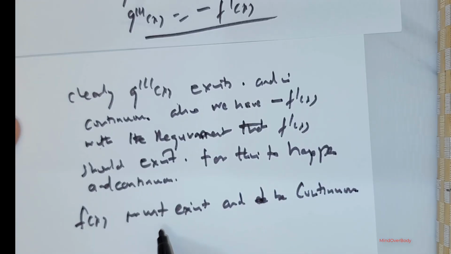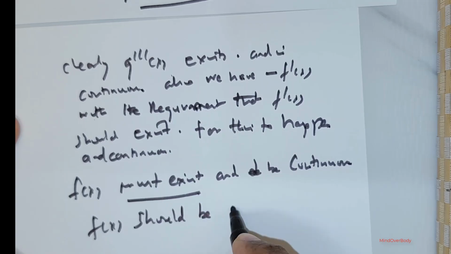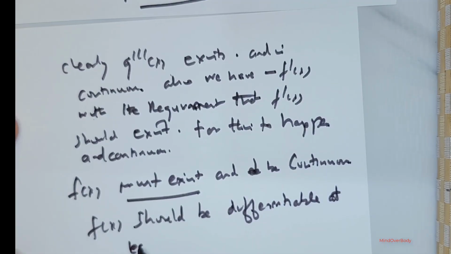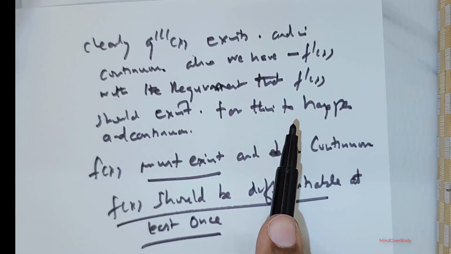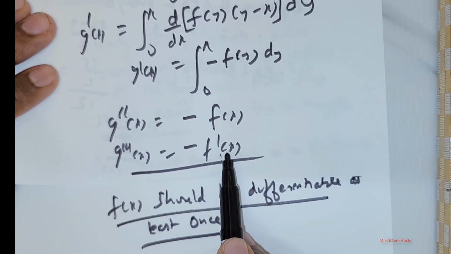Now when is this possible? f of x should be differentiable at least once. Now this is explanation, you don't have to complicate yourself. The only requirement here is that f dash of x should exist and it has to be continuous, right?